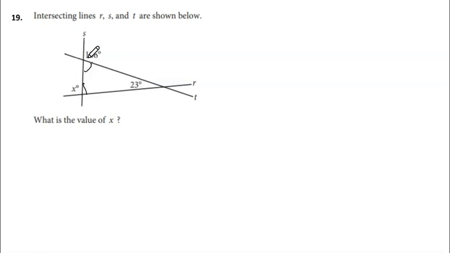On another straight line is what? 180 degrees. So let's use that approach. So to find the angle here, let me call it angle A, right? Angle A is equal to 180 minus 106, right? And this is going to be 74 degrees. So this angle here is 74 degrees.